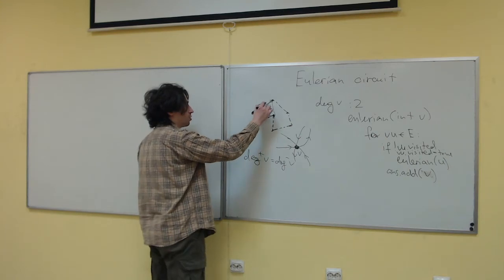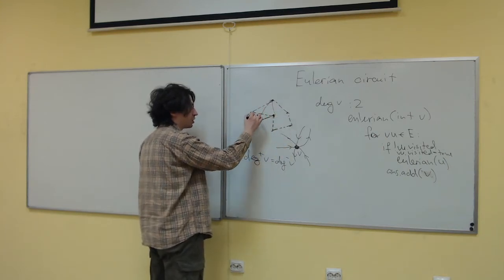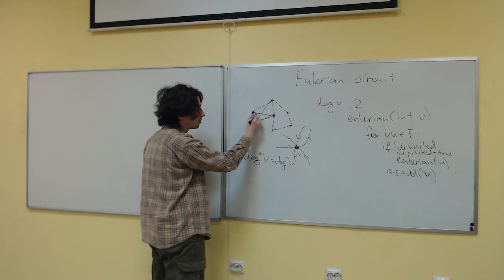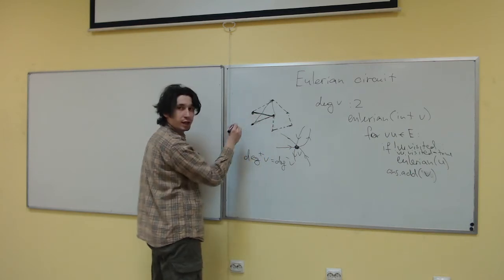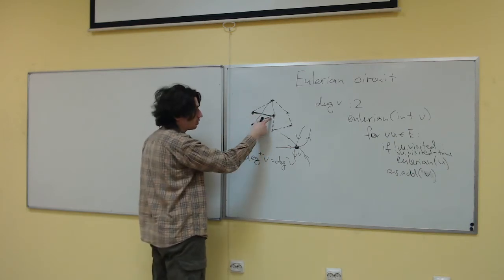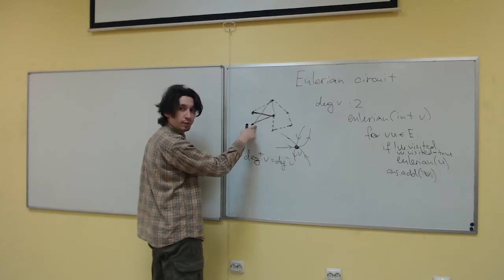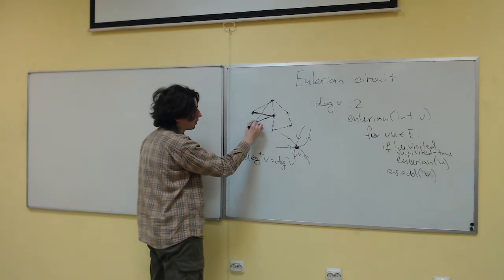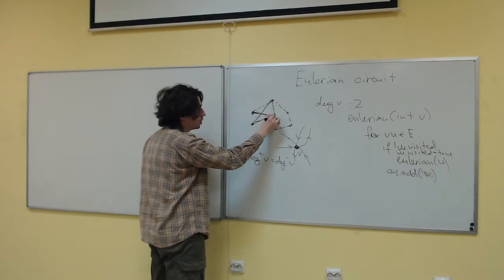So we will go recursively to this end, and then you go back, you add this edge to the answer, then you see that you go recursively to this cycle, then you go by that and finish here.